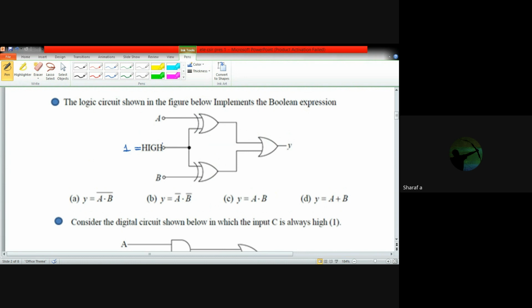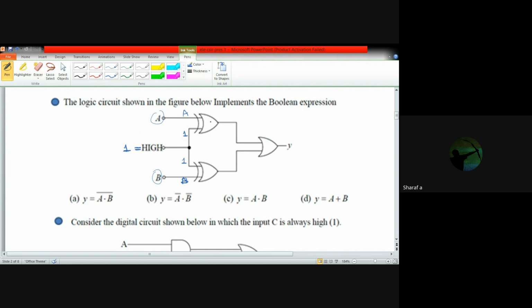So this line is always 1. Then you have input A and input B. This line has input A, this line has input B, and this line is high, which is coming from this line.